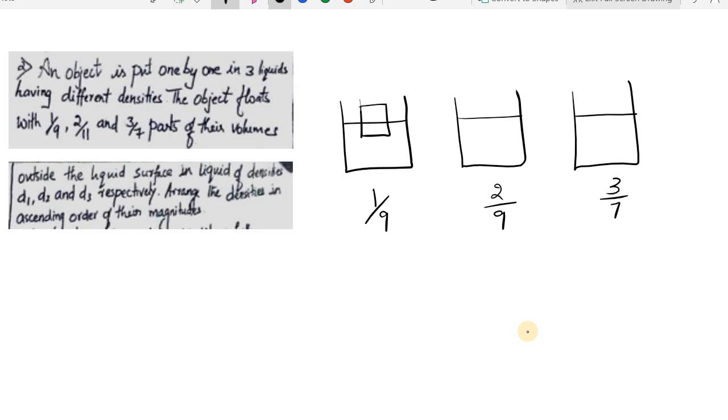So the first thing to do is to make the denominator same so that we understand which one has more volume outside. If I take the LCM, I can find out that the volume V1 here is 77 by 693. If you are wondering how I got this, the LCM is, this is 9, 2 by 11. So it is 9 into 11 into 7, and in the first case it would be 11 into 7.